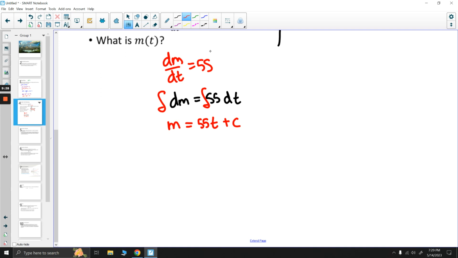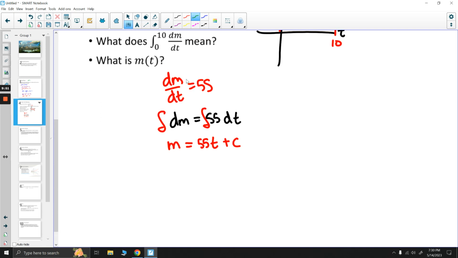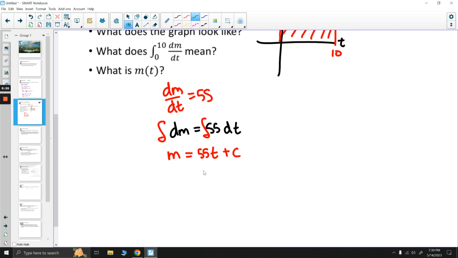So essentially what we have is the miles is equal to 55 times our time plus some constant. In this case, our constant is how far we had already traveled at the start of time. If we want to set it at the origin of 0, then it would just be 0, but otherwise we'd have to tell it. So again, this is another situation in which we are describing something in terms of a rate of change, but we're able to describe more things off of that rate of change.